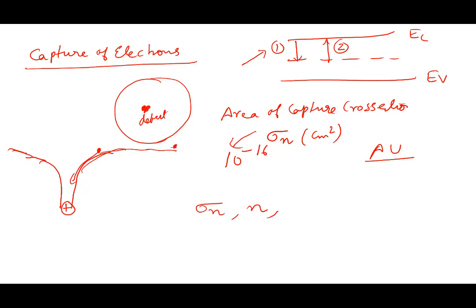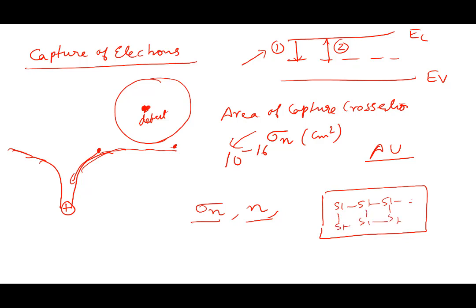You're right, the total capture rate will depend on that. The probability that a defect captures an electron would depend on sigma n and on n. What else? Now remember what is happening with the electrons. If I think about my lattice, of course, silicon atoms are there, the lattice is there.